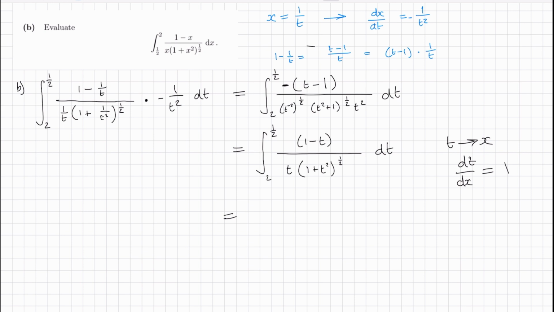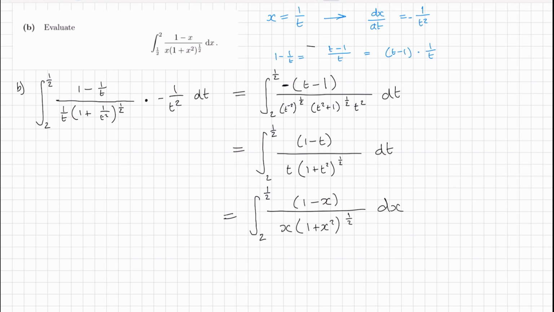It doesn't really matter. This now means if we use our dummy variable again, we have the integral from 2 to a half of 1 minus x all over x times 1 plus x squared to the half dx.